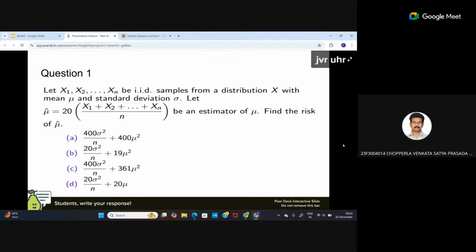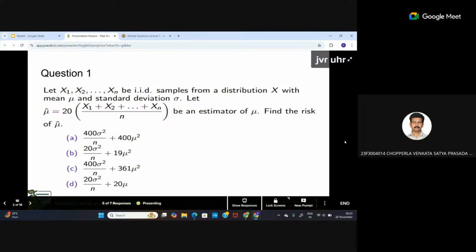First we need to find the error or bias, which is the expected value of mu cap minus mu. Once we get the bias, keep it aside and find the variance of mu cap.